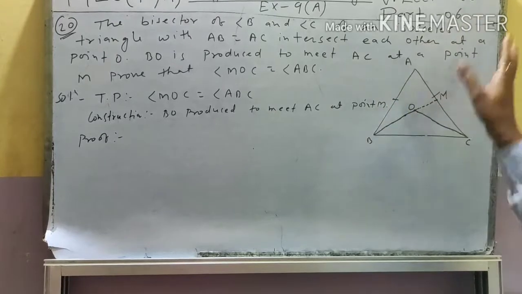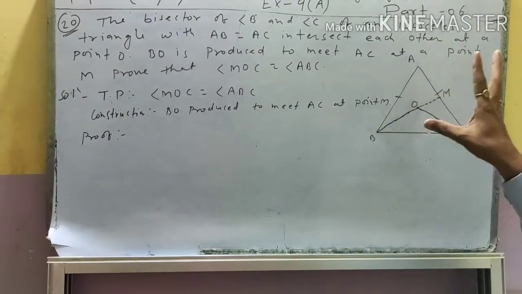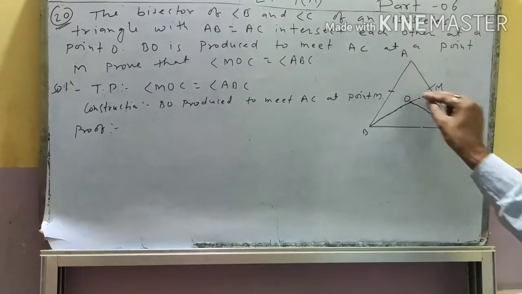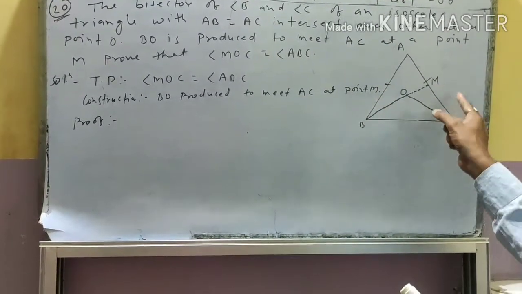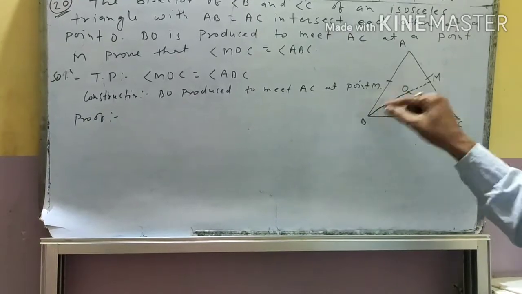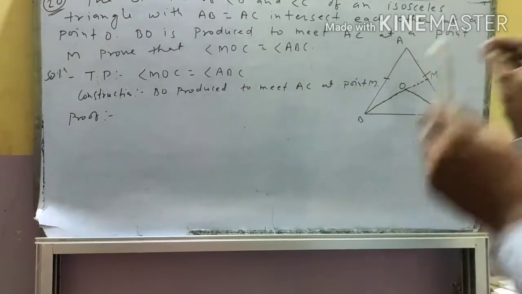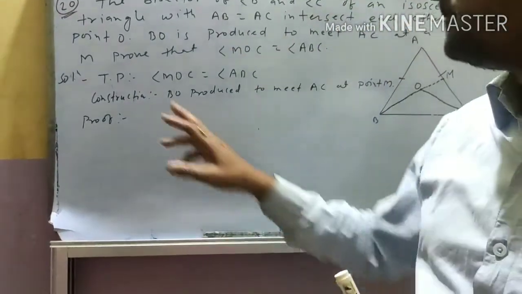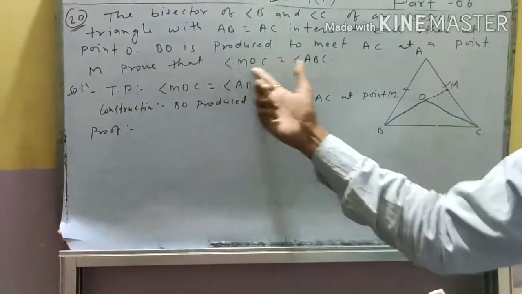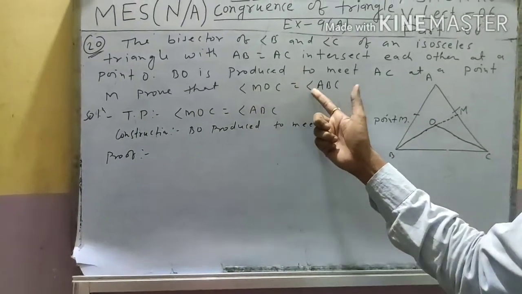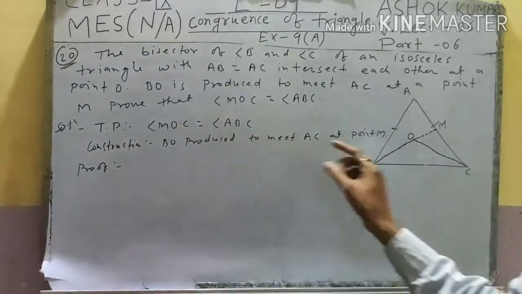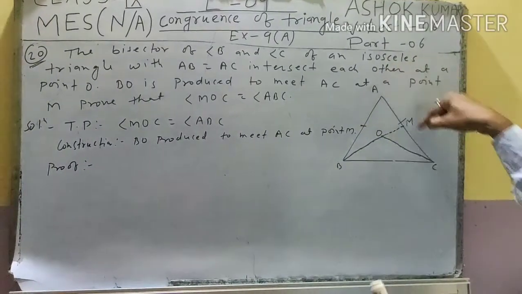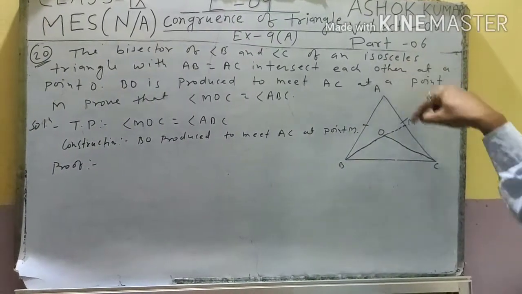ABC is an isosceles triangle in which BO and CO bisect angle B and angle C respectively and meet at point O. This is the given information. All things are given in the question. To prove: angle MOC is equal to angle ABC. Construction: BO produced to meet AC at point M.